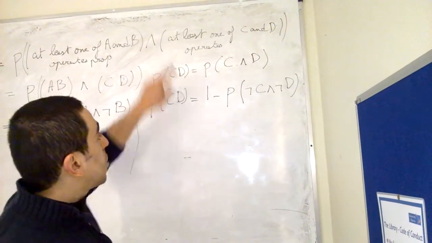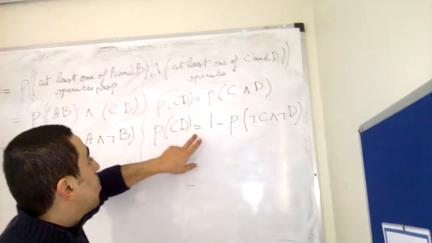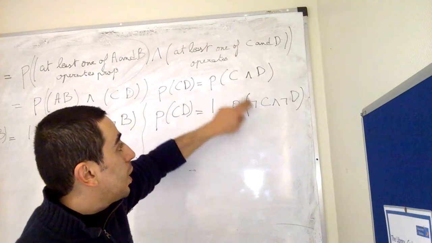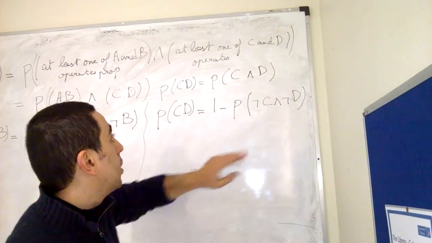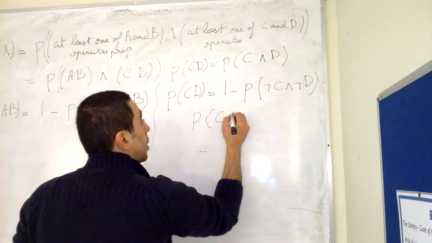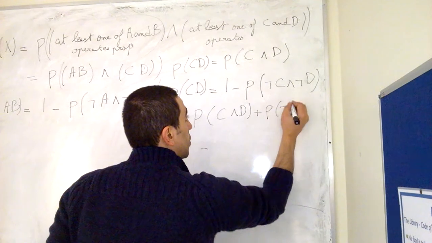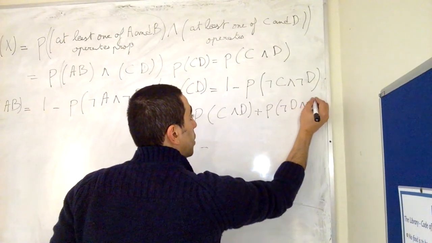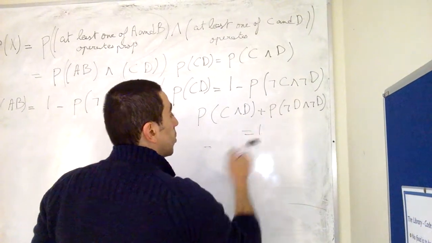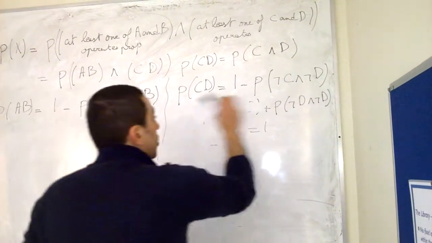Because they say at least, we assume both, and then we take 1 minus the opposite. So the probability of C and D plus the probability of not C and not D has to be 1. Okay, I take this out.